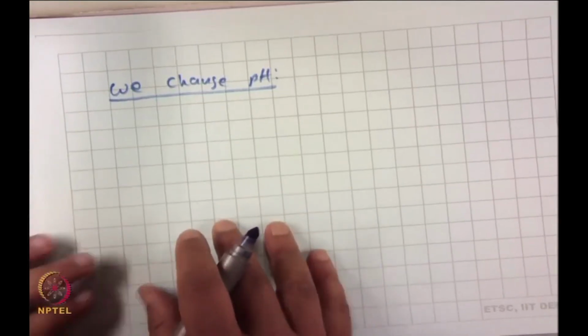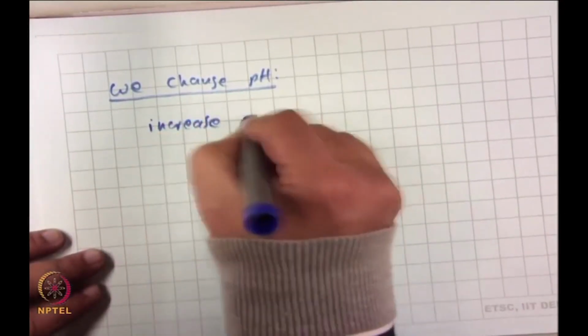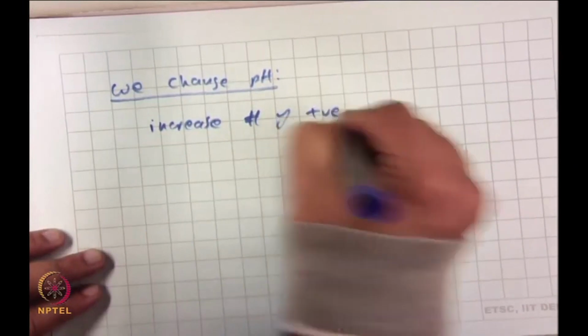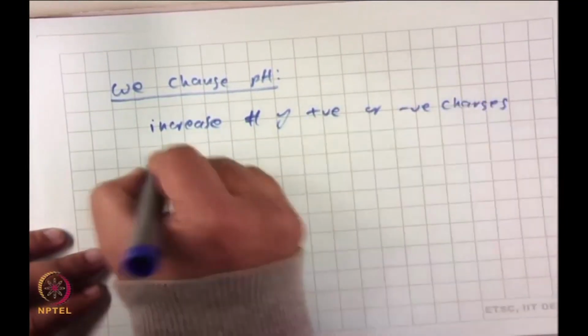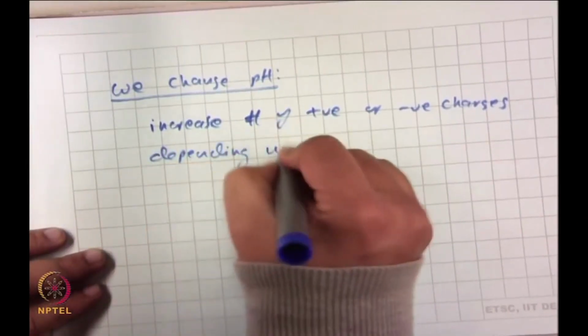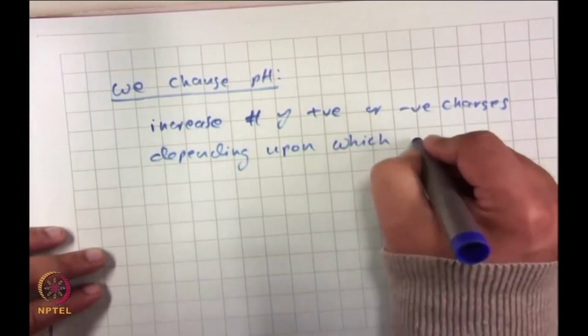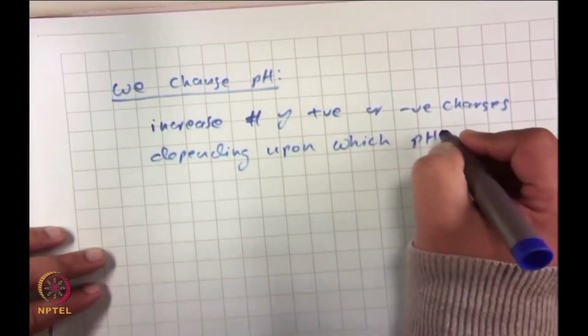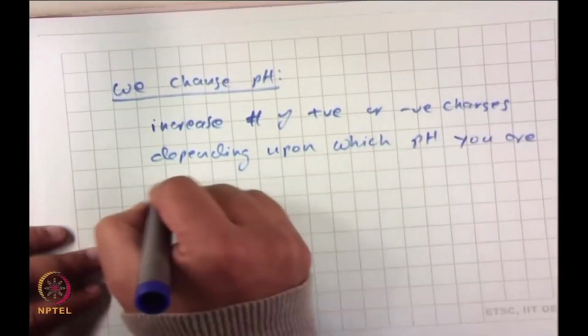Based on this, you will increase the number of positive or negative charges, depending upon which pH you are going to.